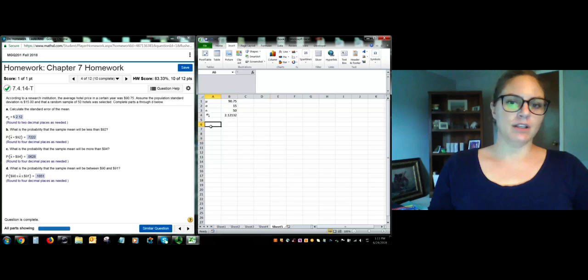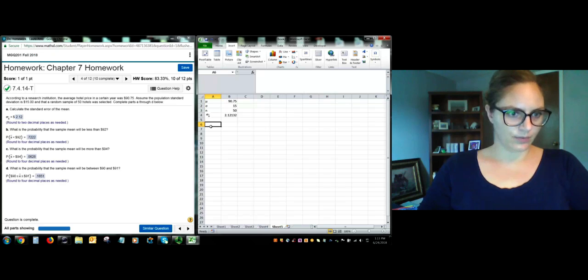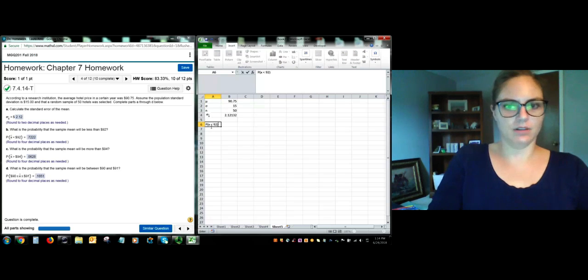Now, what's the probability of the sample mean being less than 92? So what we first have to do, the probability that x is less than 92, we're saying x bar.